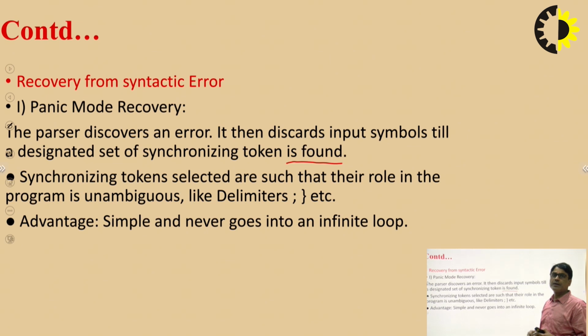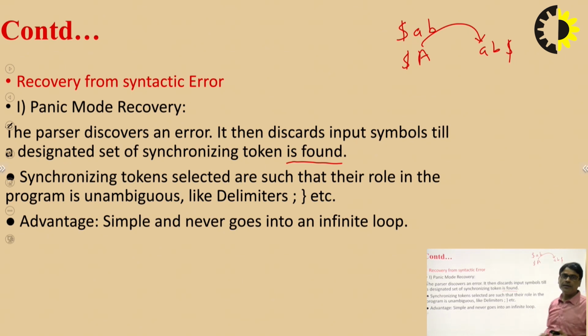In panic mode recovery, during stack implementation, suppose the stack has $AB, with capital A on top, and we are not getting any value in the table for capital A and the input. If some production is there for A and B in the table but here nothing is there, what do we have to do?